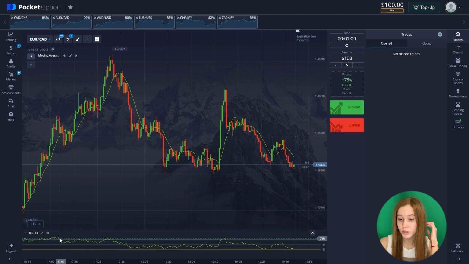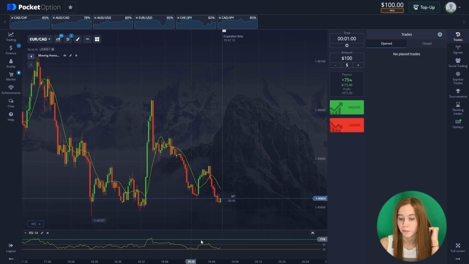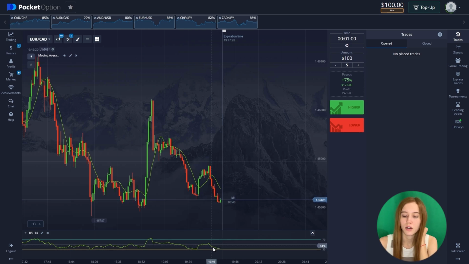Upper is overbought and the lower zone is oversold. This indicator helps to understand in which direction our trend is sliding.